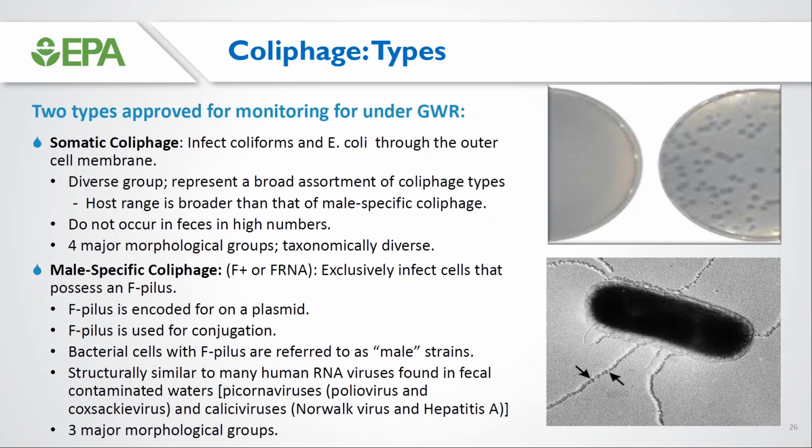The plates on the top there are somatic coliphage versus male-specific coliphage. One makes a bigger plaque. Those little circles are called plaques, where the E. coli was not able to grow because the virus infected it there.